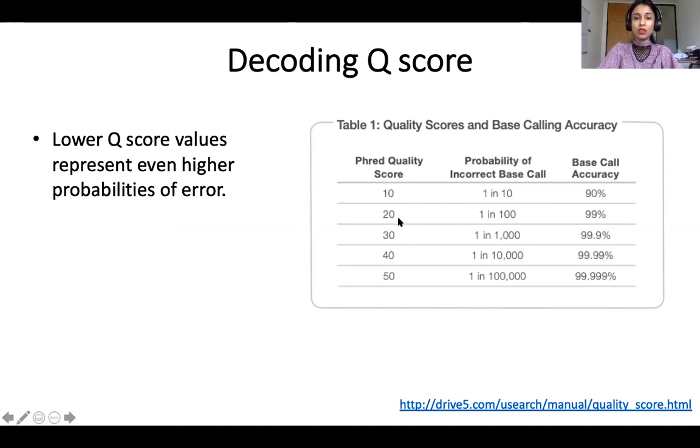If your quality score is 20, you are 99% sure that base is correct. A quality score of 30 is 99.9% accuracy, 40 is 99.99%, and 50 is 99.999%. So as you can see, the higher the quality score, the higher the accuracy rate.